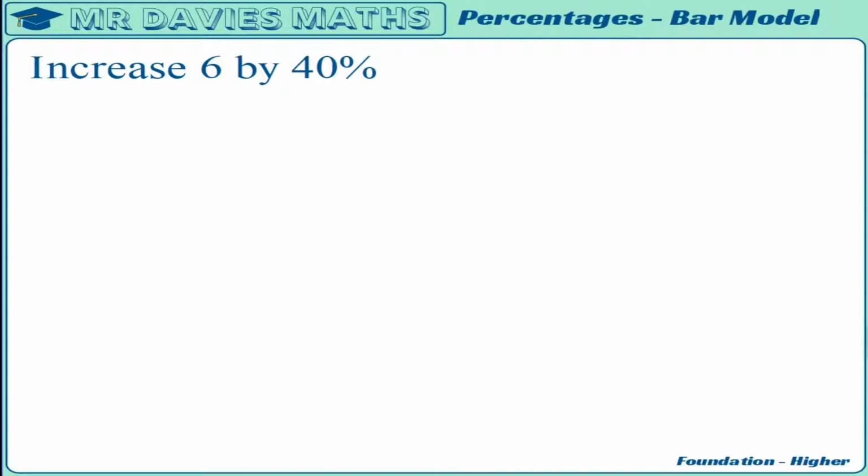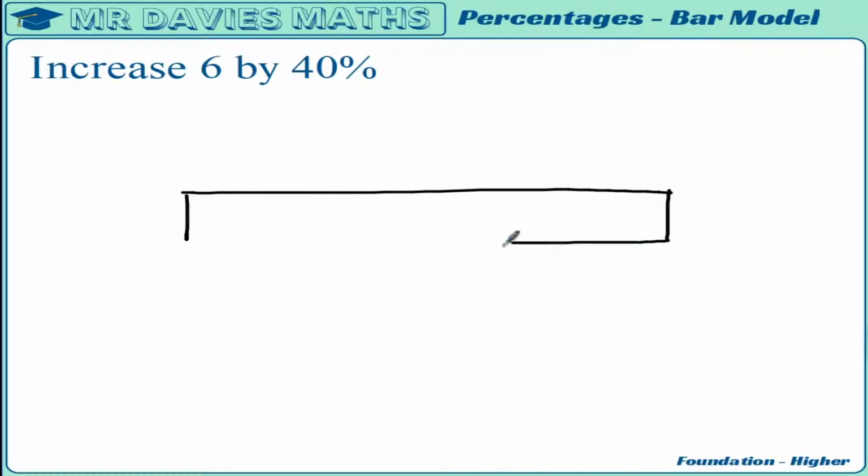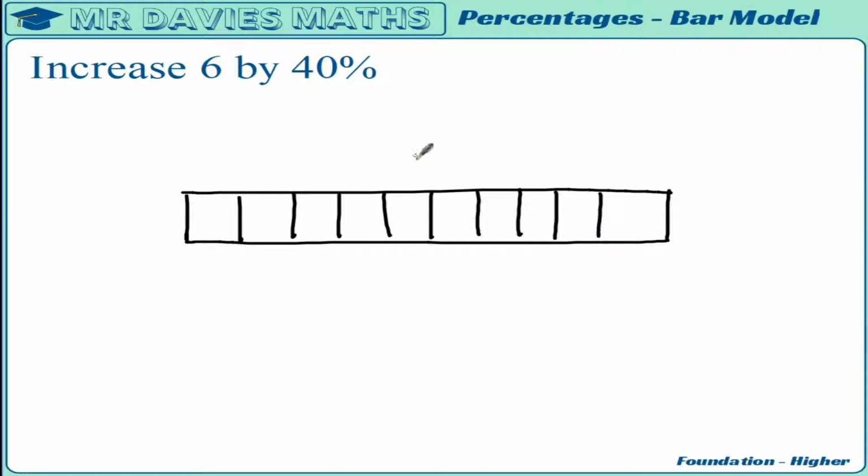Increase 6 by 40%. Hopefully you're getting the idea now. I'm going to start off with my 10 boxes as always. This time my total is 6, therefore each box is going to be 0.6.